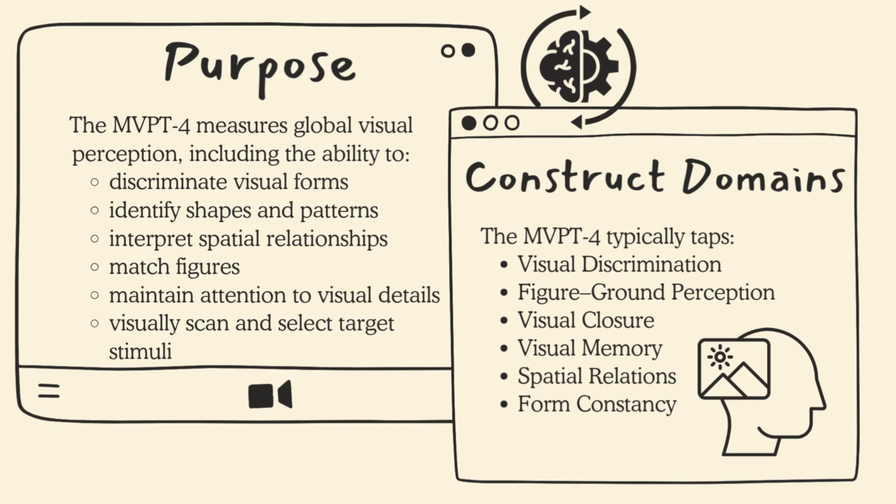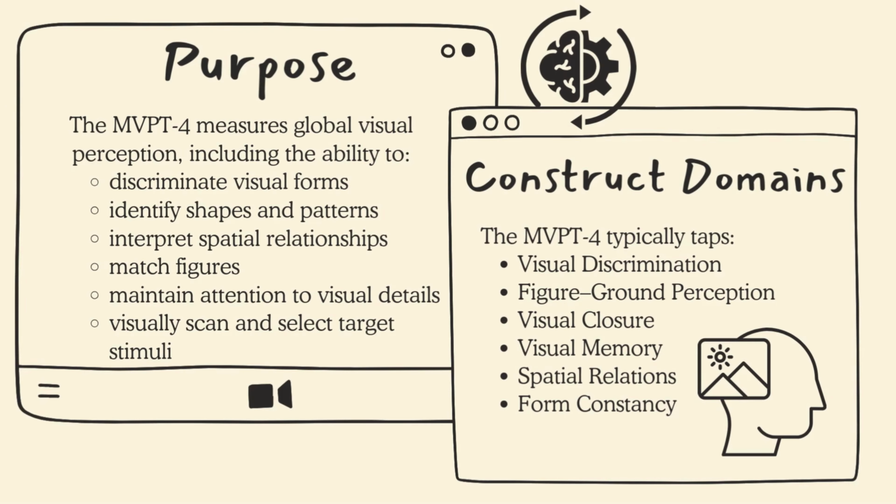So the MVPT4 measures global visual perception, including the ability to discriminate visual forms, identify shapes and patterns, interpret spatial relationships, match figures, maintain attention to visual details, and visually scan and select target stimuli.